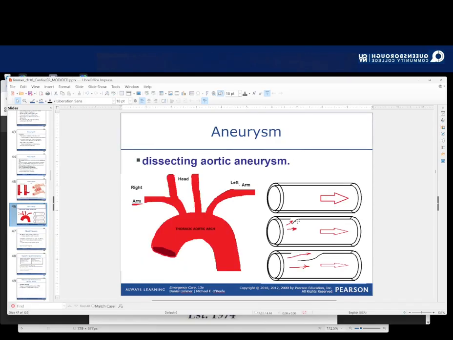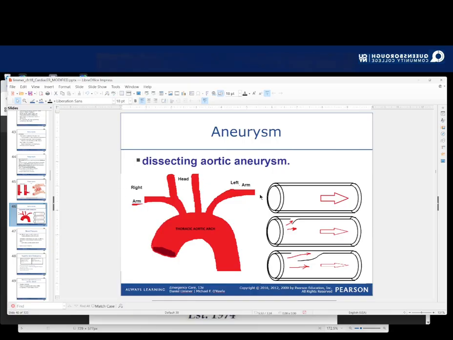What if this tearing, this dissection, happens in between the branch to the right arm and the branch to the left arm? So it happens around here. If you took a blood pressure on the right arm and then took a blood pressure on the left arm, would the two numbers be similar, like they're supposed to be, or will they be different?